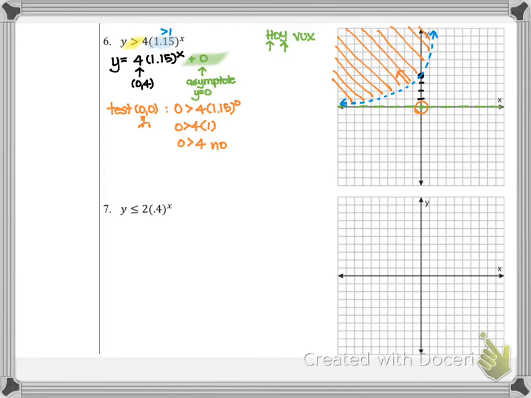Okay, so let's go ahead and do this next one. And the same idea. So what I'm going to do is I'm going to take this, I'm going to turn it into an equal sign. Y equals 2.4 to the x. Okay, same process.